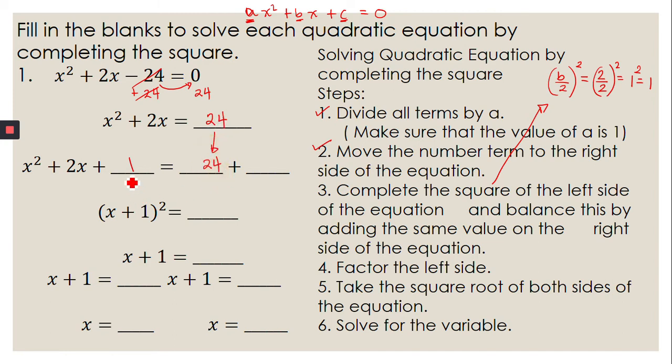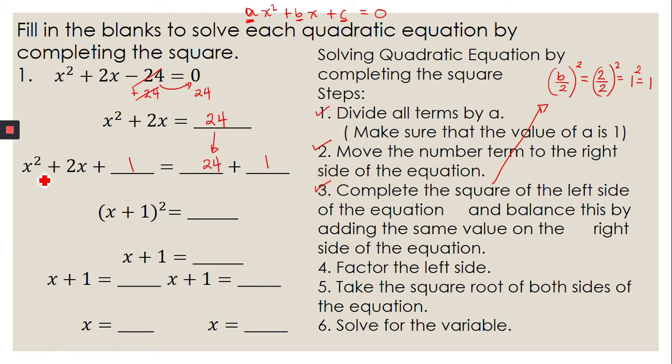If you add 1 on the left side, you also have to add 1 on the right side. So that becomes 24 plus 1. Whatever you do on the left side, you also do on the right side. 24 is the one that we did on the second step. So the third step is okay now.